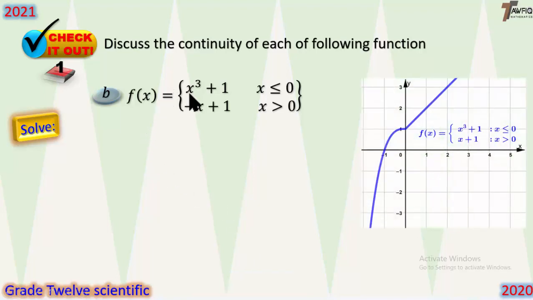f(x) equals x cubed plus 1 when x is less than or equal to 0, and minus x plus 1 when x is bigger than 0.